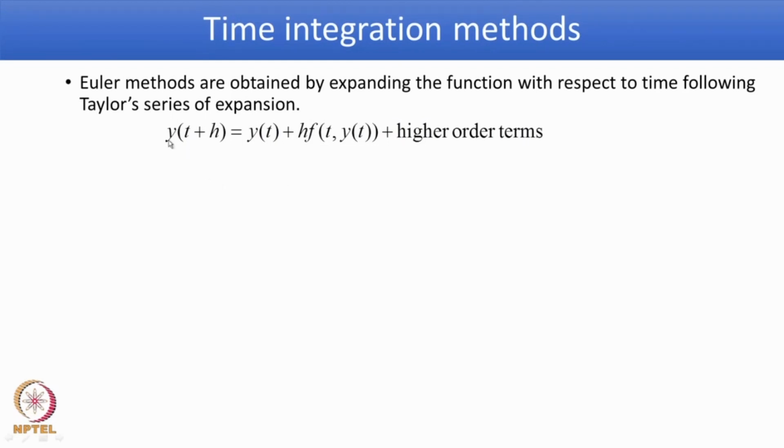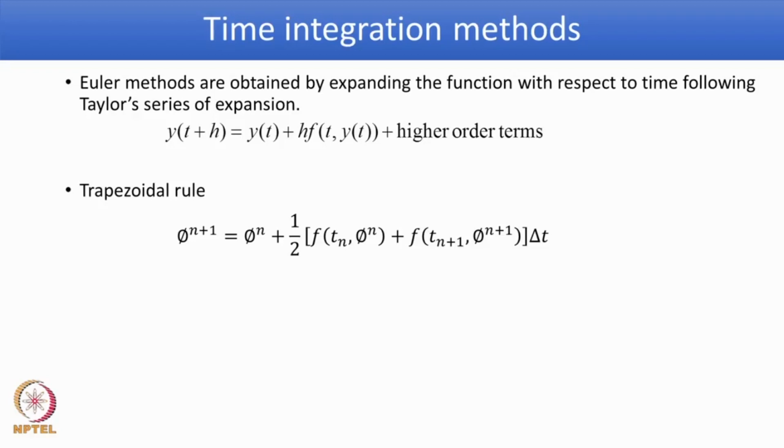In this case, y of t plus h by Taylor series expansion is as shown here: y of t plus h f of t comma y of t plus higher order terms, and you know that h squared by 2 factorial, second derivative and so on. We are only interested in the first derivative for time. So, we suitably replace, and then you get different Euler formulas.